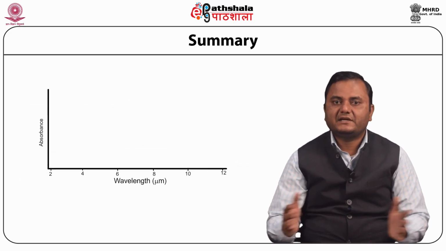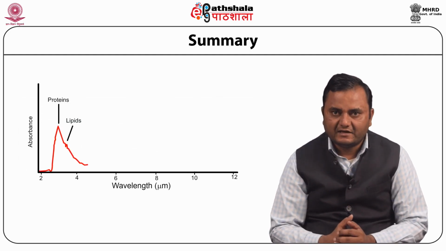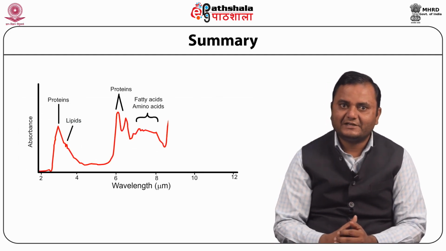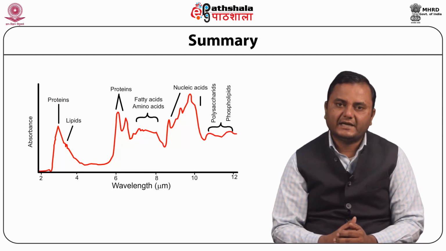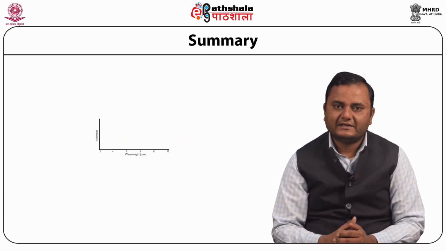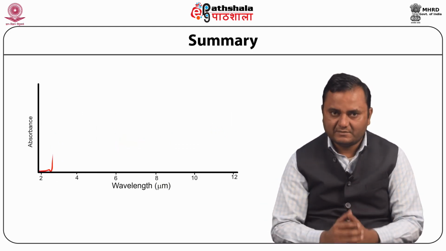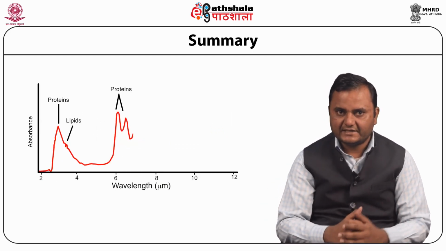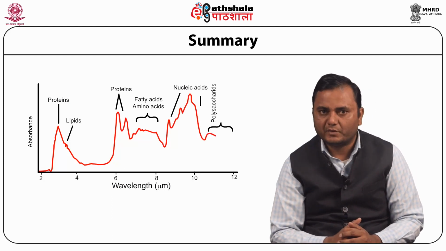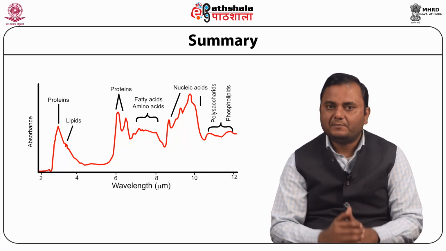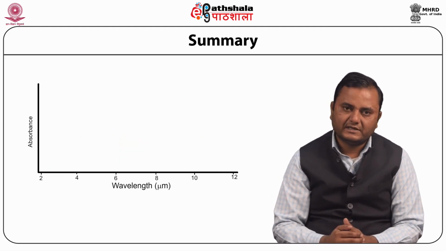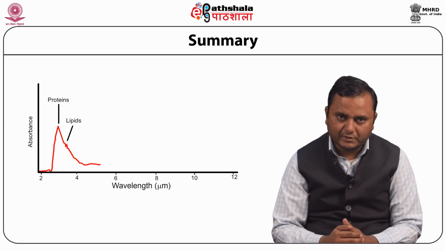This is a typical spectrum which gives you the information about what region of wavelength gives absorbed light in the IR region for the different biological molecules. You can see the lowest side is because of the amide bond of protein, followed by the lipid, but in the middle part it is because of the amide 2 and amide 3 bands of the protein.